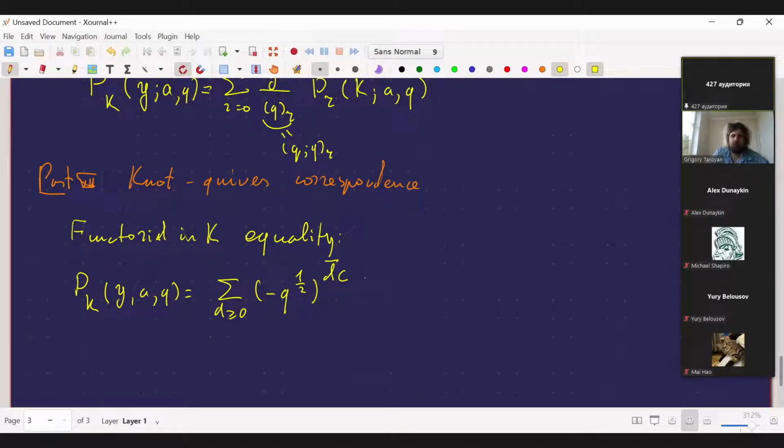So basically, we associate to a knot a quiver with the same, so to speak, HOMFLY-PT polynomial of a quiver as this knot. Bear with me for a moment. I will explain the notation in just a few minutes.